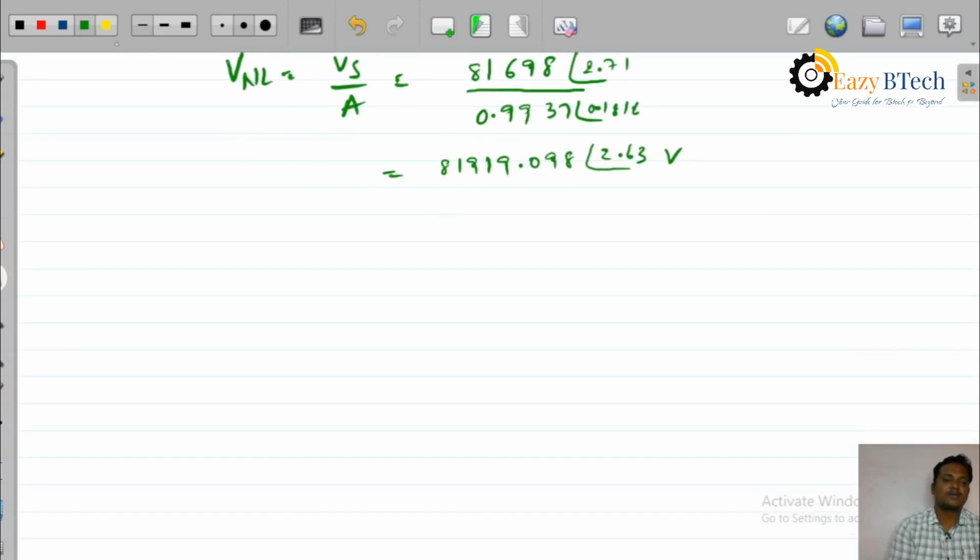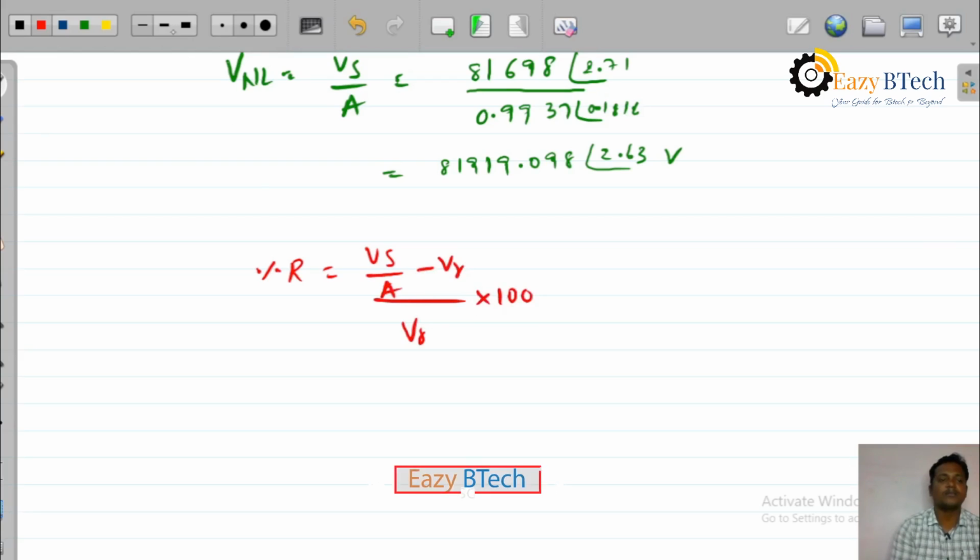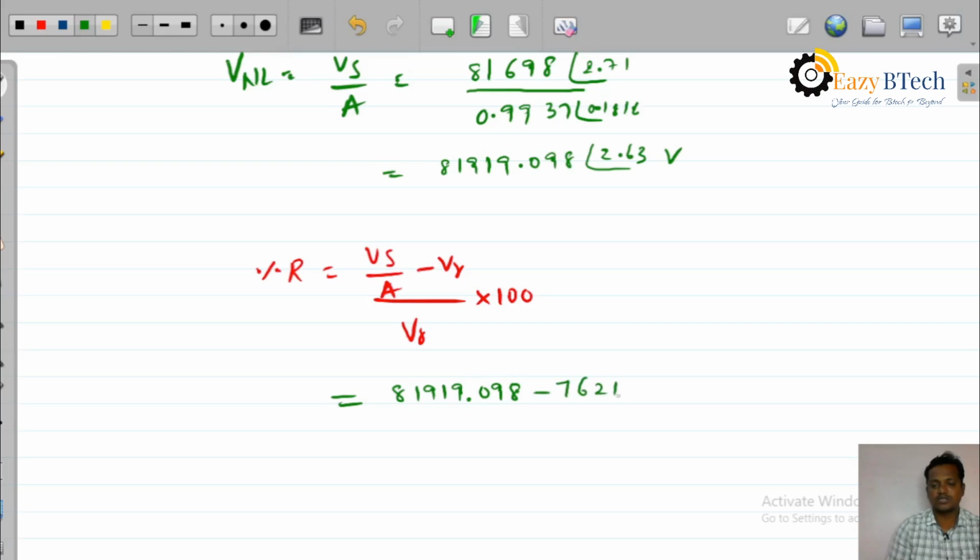Then I will calculate the percentage regulation. Percentage regulation is Vs by A minus VR divided by VR into 100. The no load value Vs by A just now calculated is 81919.098 minus 76210, divided by 76210, into 100.